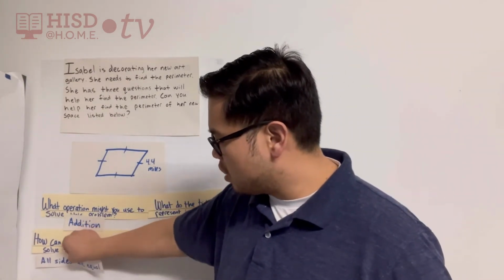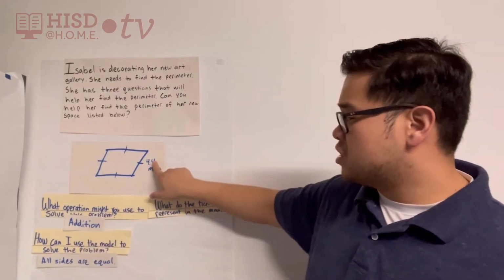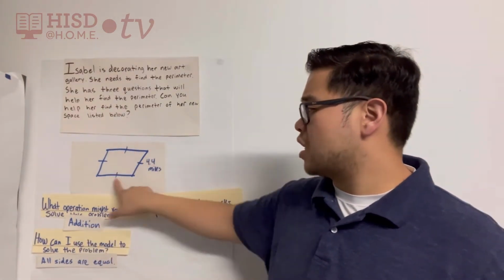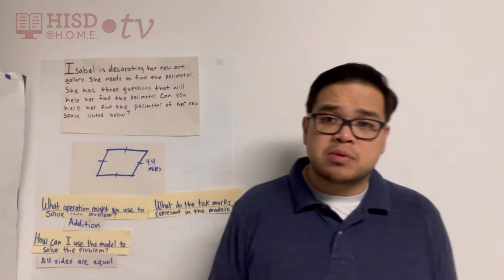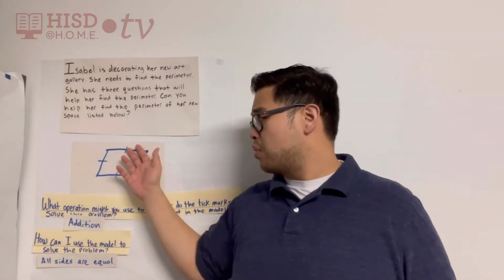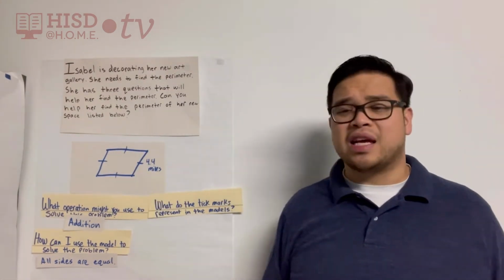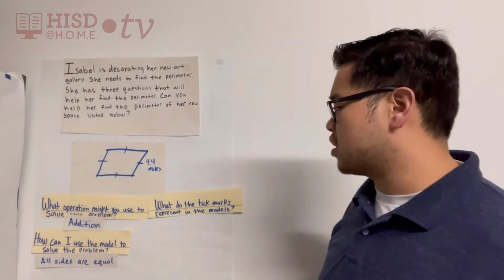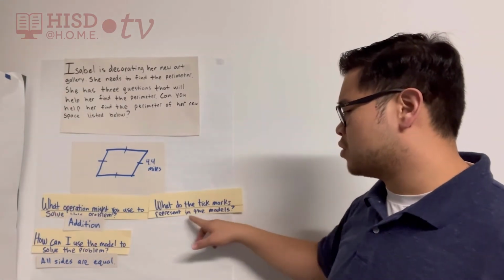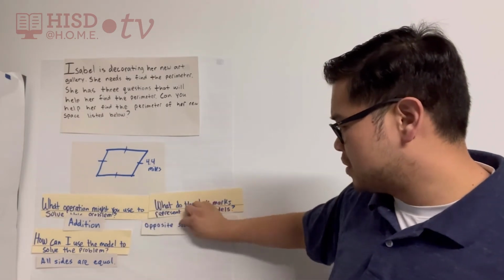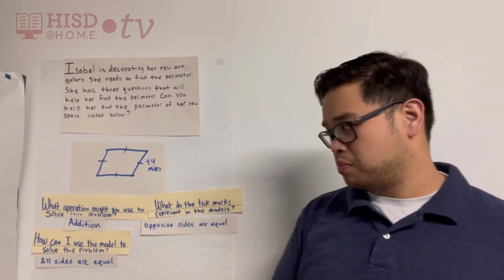If this side shows 4 4/10 miles, that means all the sides will be 4 4/10 miles. So that helps us know how to add the perimeter of this shape, that they're all equal. The next part is, what do the tick marks represent in the models? That opposite sides are equal.